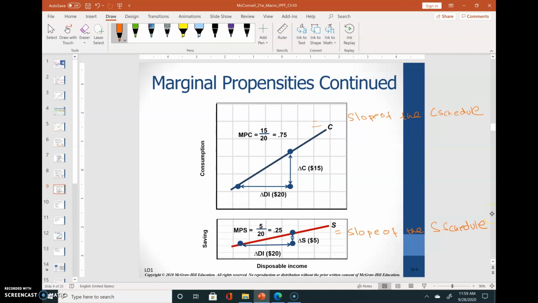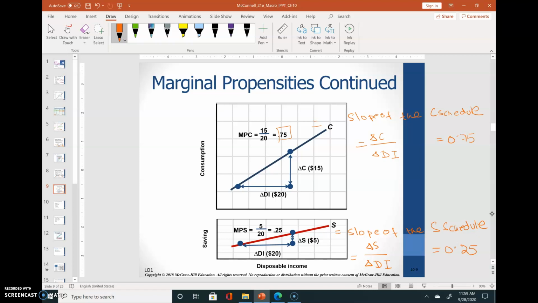Slope of the consumption schedule will be change in consumption over change in disposable income. We will have the same result like doing our math here, which is 0.75. Slope of the savings schedule is change in savings over change in disposable income. I'm going to have the same number using my math here.